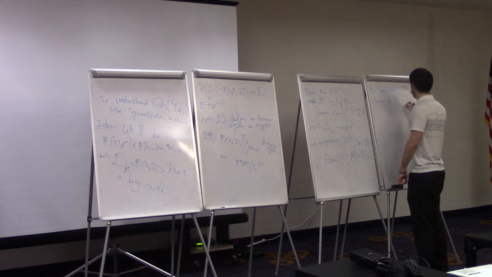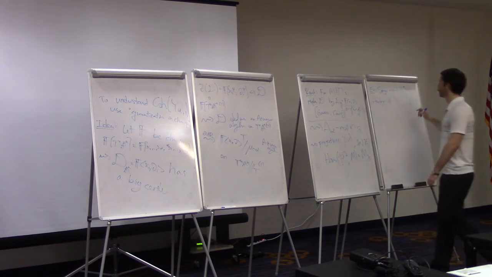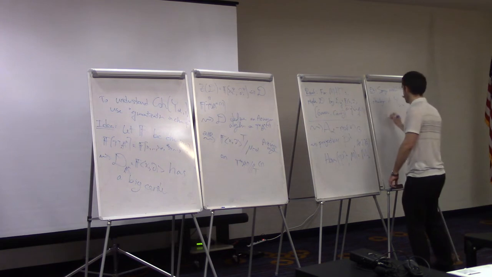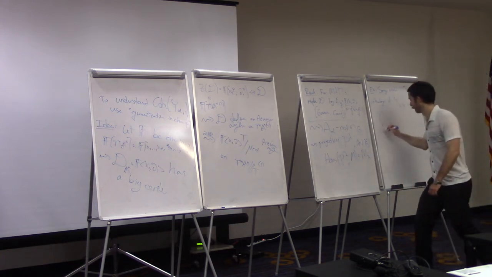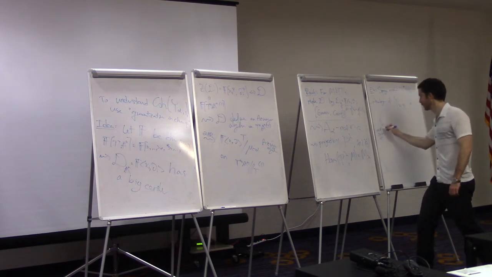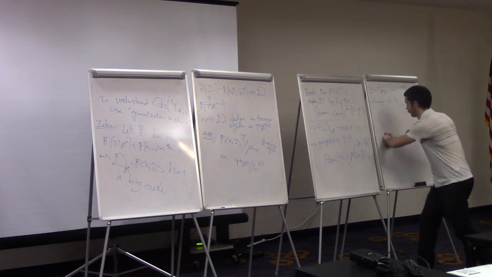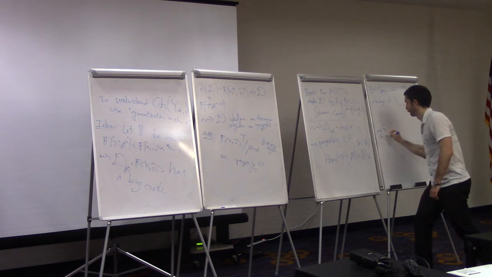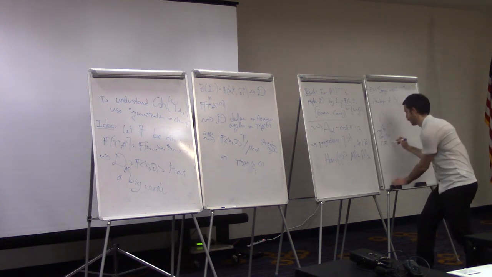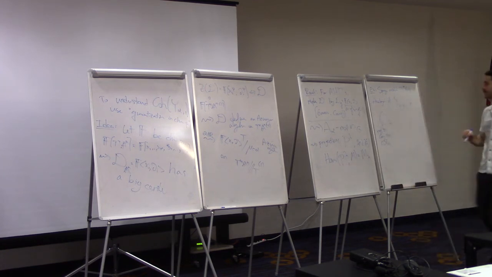The analog of my Y0 beta is going to be: I take an orbit inside a regular semisimple Lie group, a regular semisimple conjugacy class inside of, let me just say GL_n or SL_n, I'll do G equals SL_n.